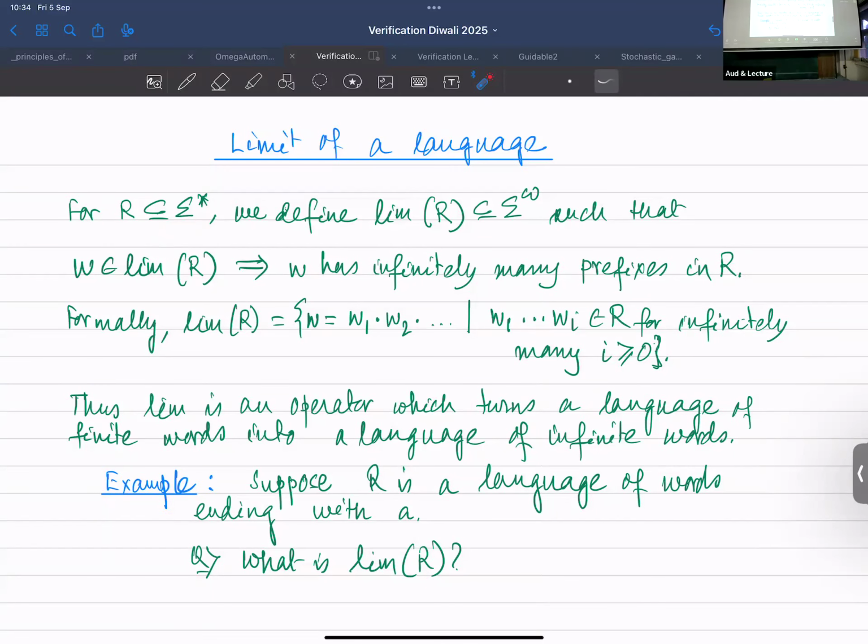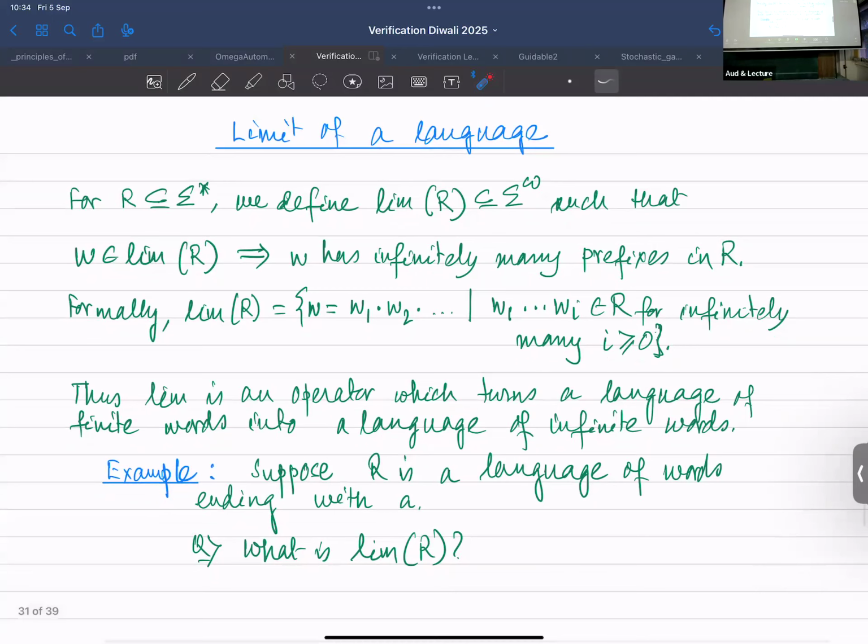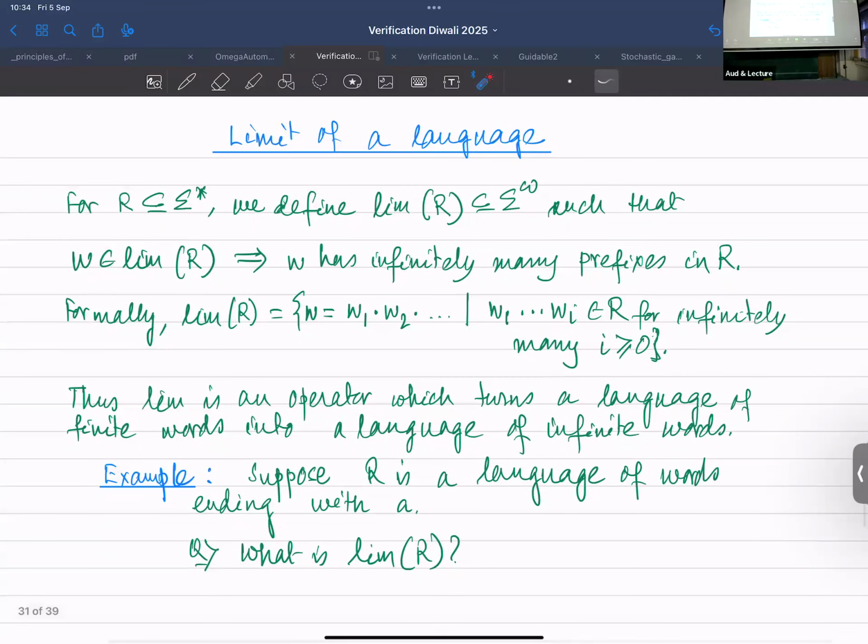Consider a language R, and we define the limit of R as a set of infinite words, such that a word W belongs to the limit of R if and only if there are infinitely many prefixes of W which belong to R. Clear?